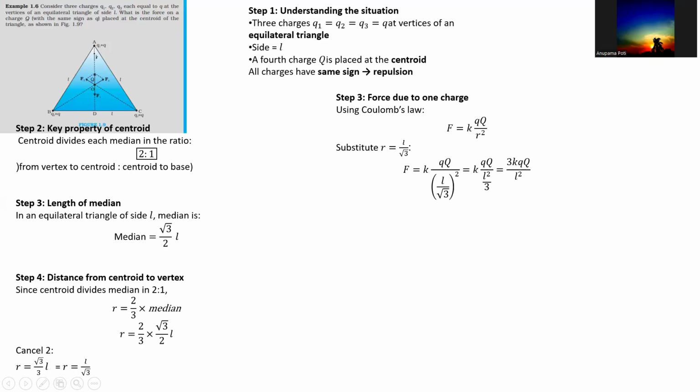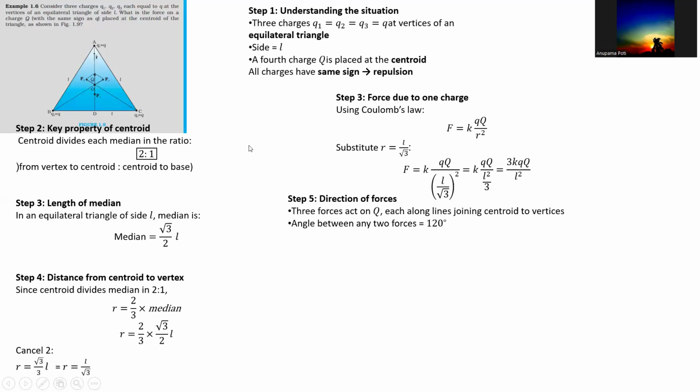So the force becomes K Q into Q by L by root 3 whole square, which is K Q Q by L square by 3, or 3K Q Q by L square. This is the force between A and O. Similarly, we go for the force between B and O, and the force between C and O.